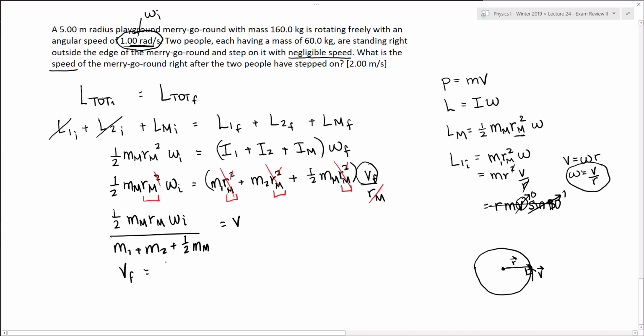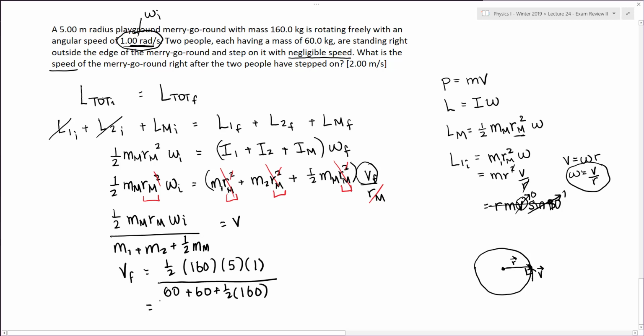So v final is equal to 1/2 mass of the merry-go-round, which is 160 kilograms. Radius of the merry-go-round is 5 meters. Initial angular velocity is 1. Mass of the person, each person is 60. So 60 plus 60 plus 1/2 times the mass of the merry-go-round is still 160.